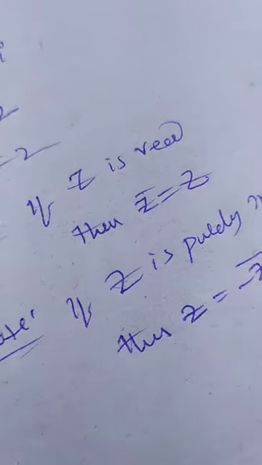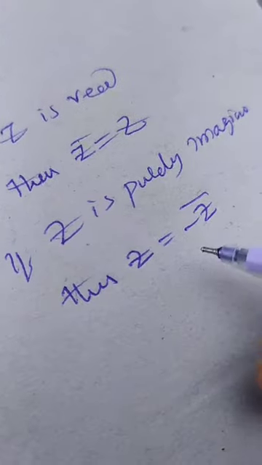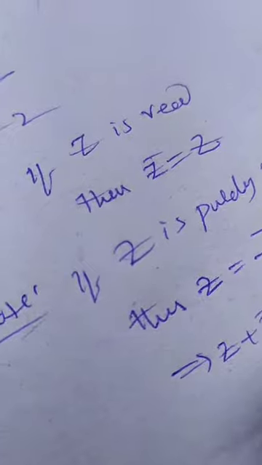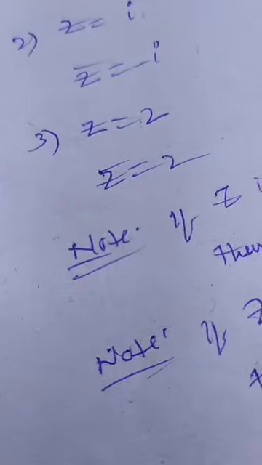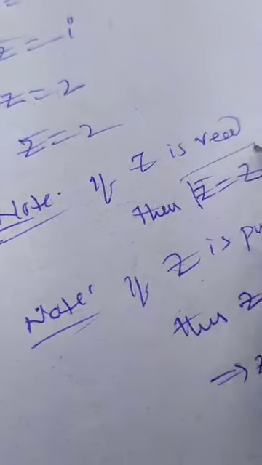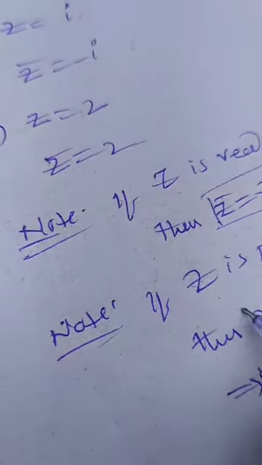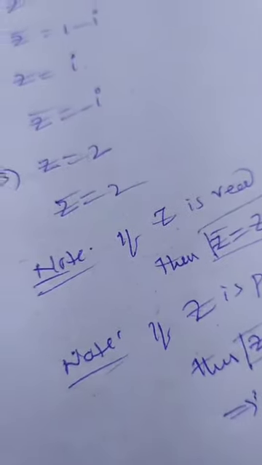Just by changing the sign in front of the purely imaginary part, you get z bar. So we can write z plus z bar is equal to 0 for a purely imaginary number. Remember this condition: if z bar equal z, then z is real. If z equal to minus z bar, then z is a purely imaginary number.